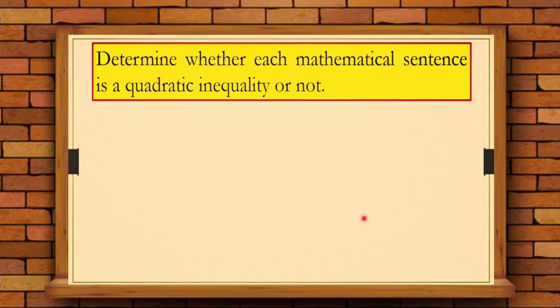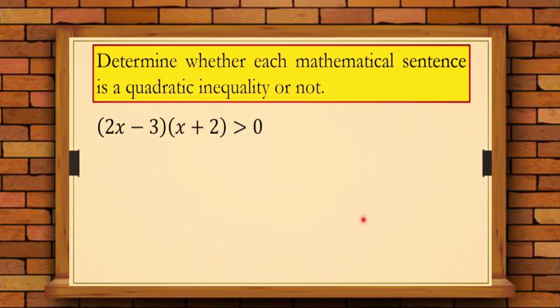Okay, determine whether each mathematical sentence is a quadratic inequality or not. If you have a given like this, of course, you need to simplify it first. So, we need to solve it. I have here (2x minus 3)(x plus 2) is greater than 0. Solve it.